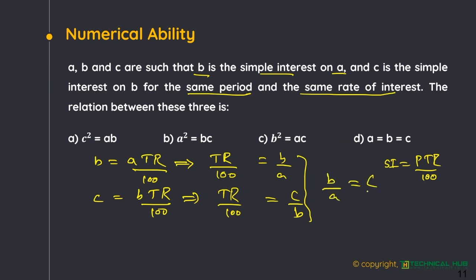B square is equal to AC. The question is asking, what is the relationship between all three variables A, B, C? The relationship is B square is equal to AC. Option C is the right answer. Please note the solution.